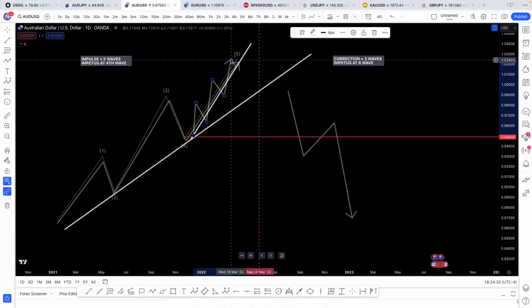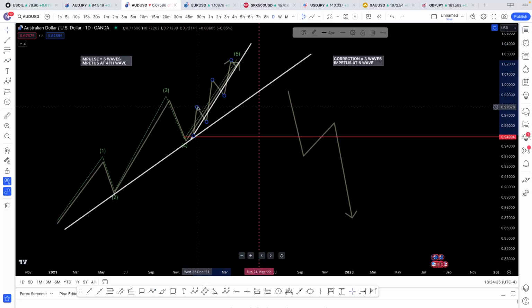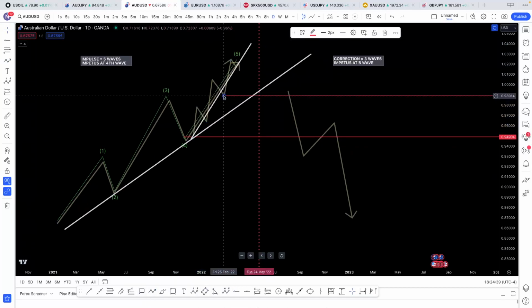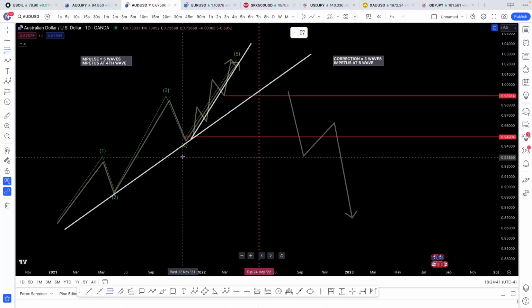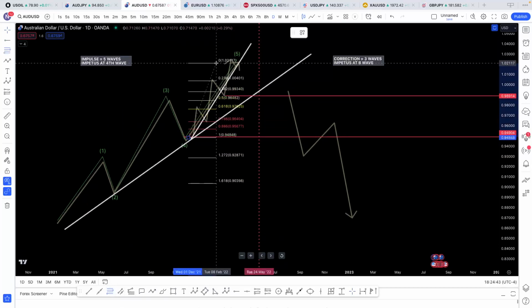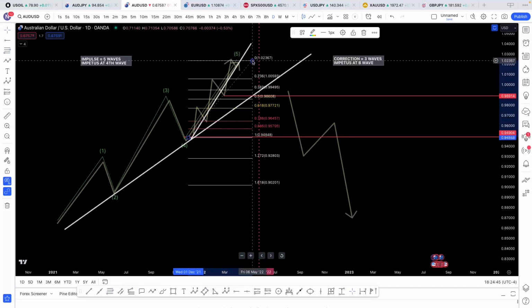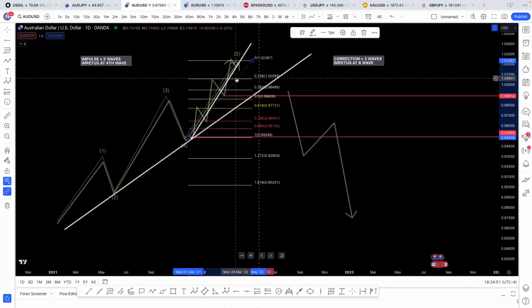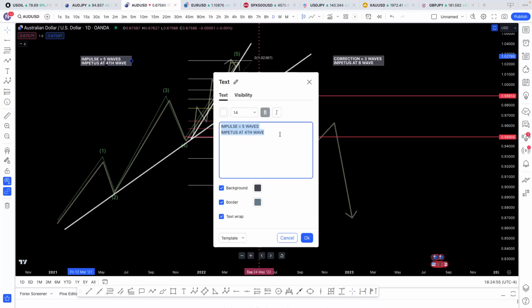And then again, to identify the impetus level, which would be my 4th wave here, I would again use the fib tool from here to here, and my impetus level falls between the 236 and the 50%. So I'm going to put that in here. I forgot, so I'm going to say the 236 to 50% fib.